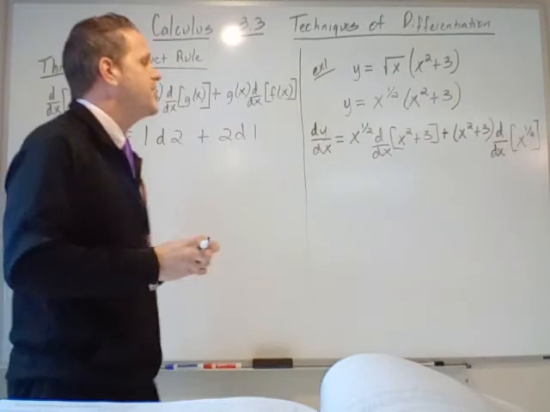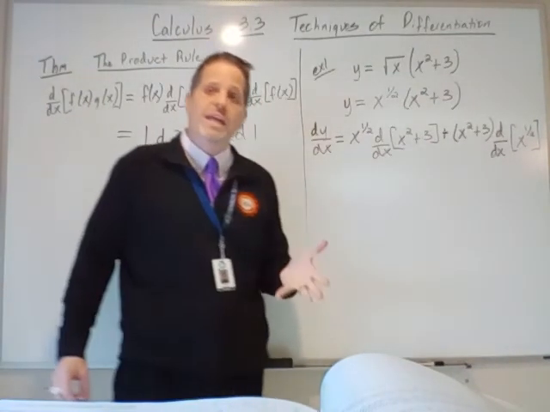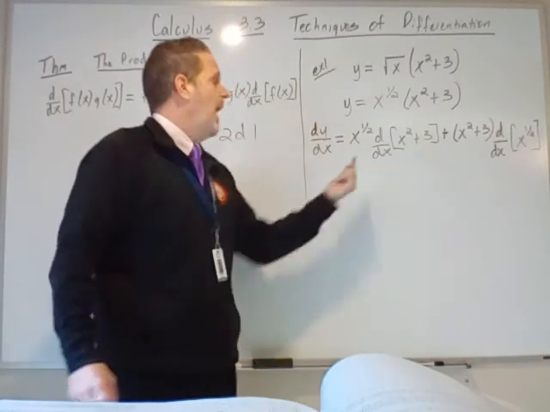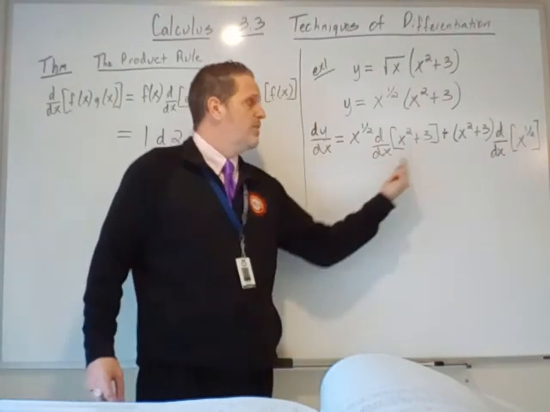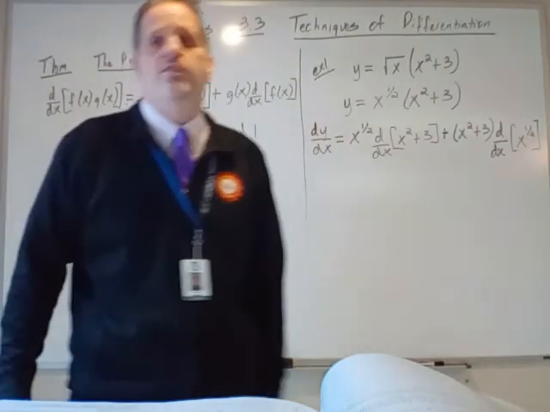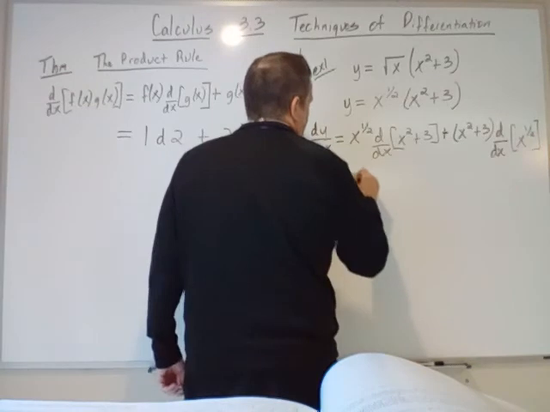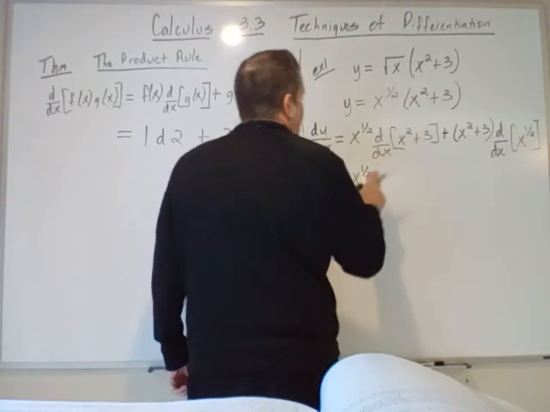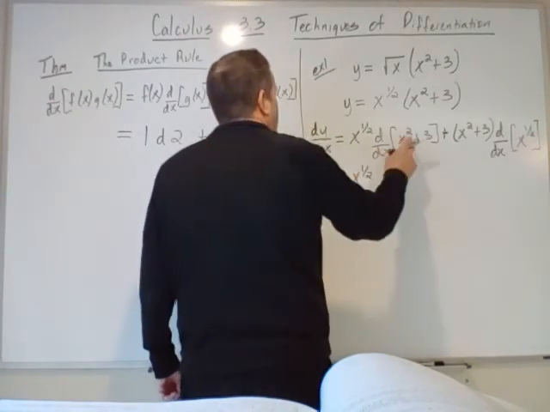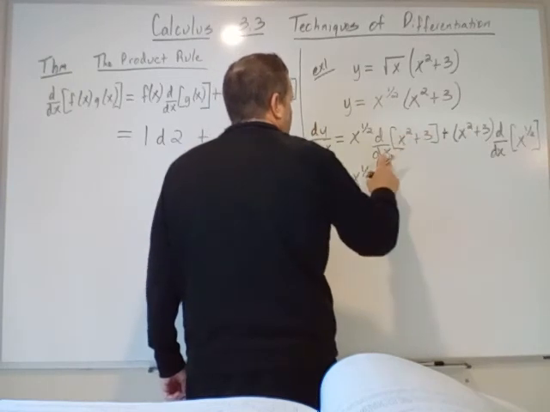Okay, so now let's take the derivatives. The reader at this point can see what you need to take the derivative of. I've got these operators here, which tells us that we still need to do calculus. So I've got x to the 1/2. Now I need to take the derivative of x squared plus 3 with respect to x.